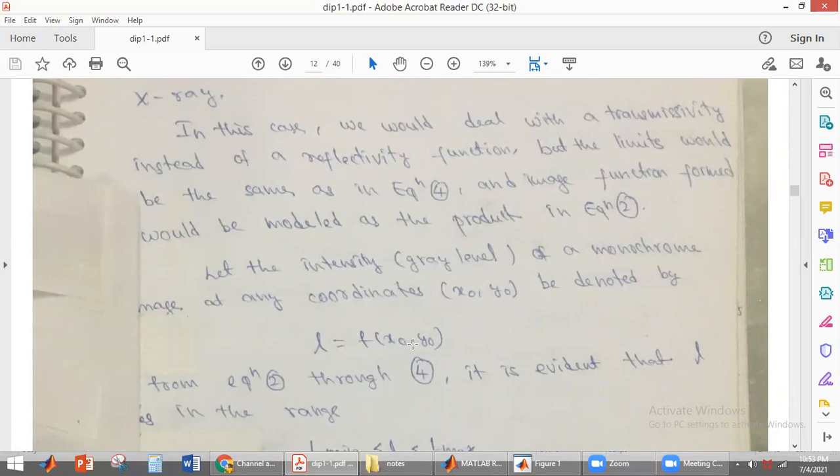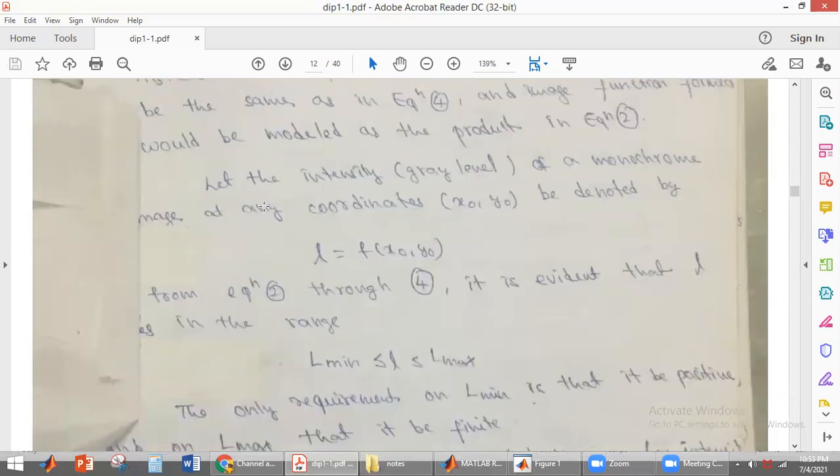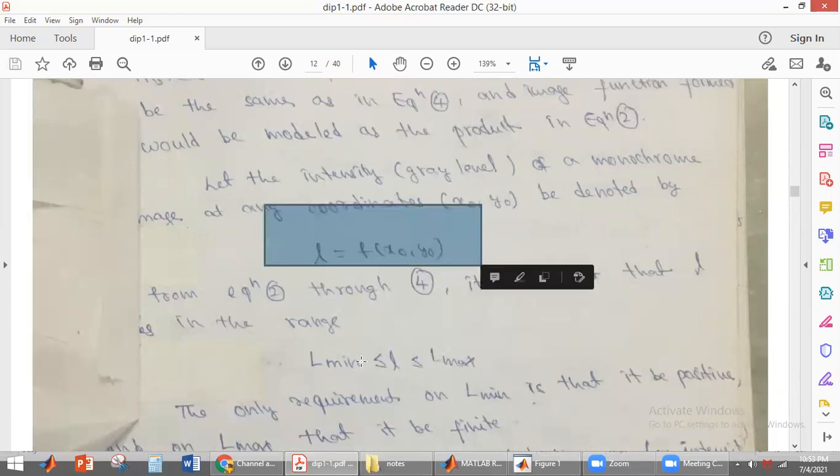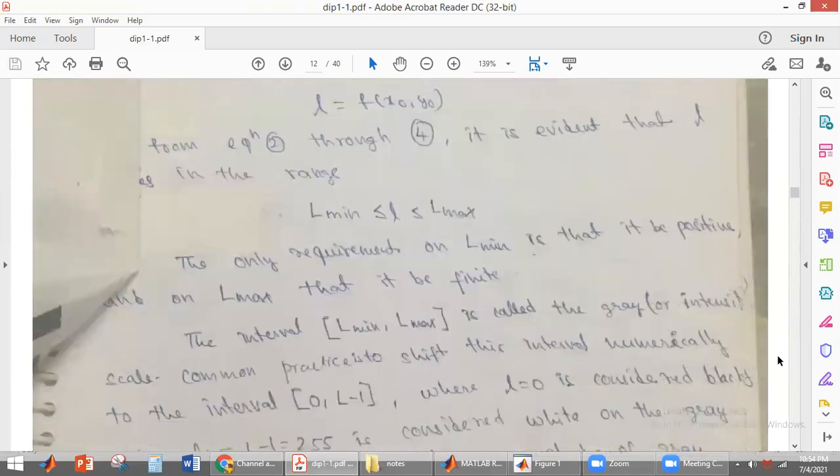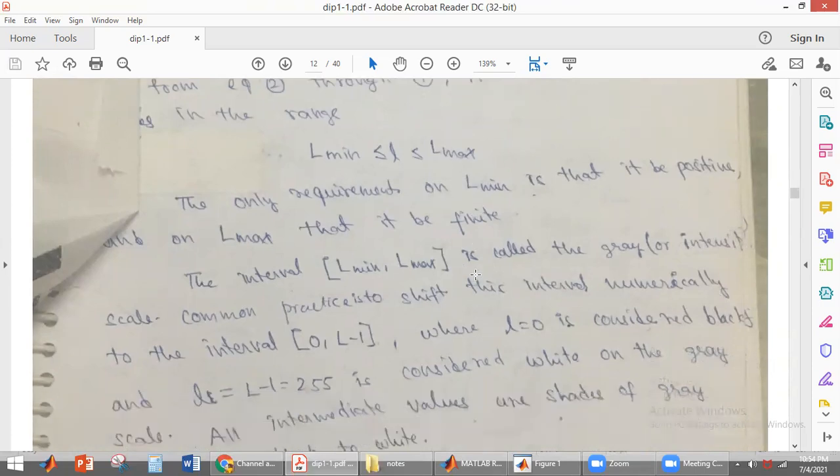The L value is limited to a range from L min to L max, where L min is a positive quantity and L max is a finite value. L max should not be infinite here.